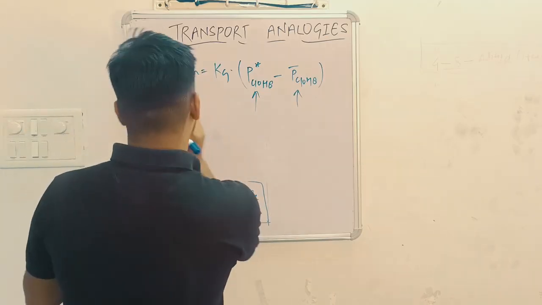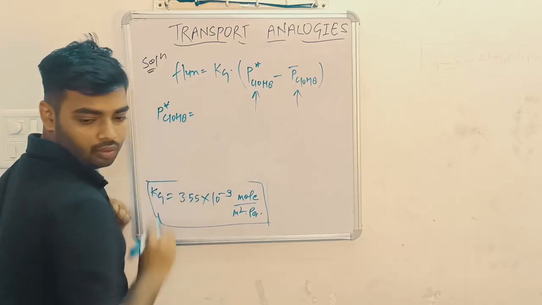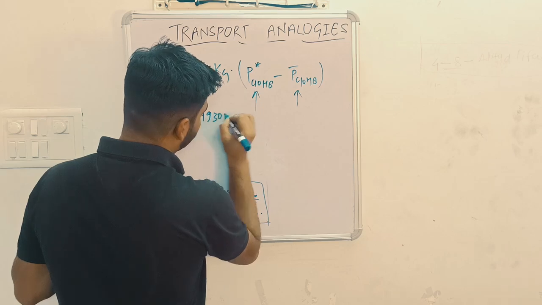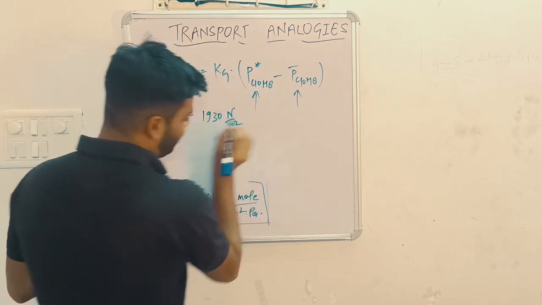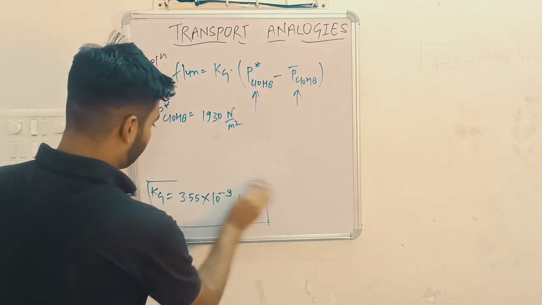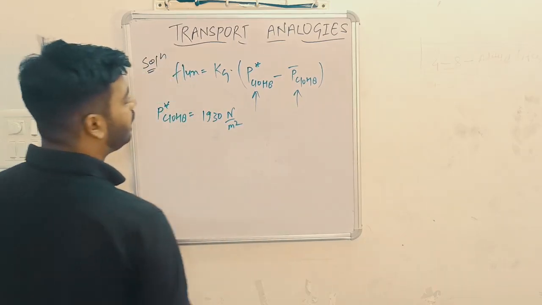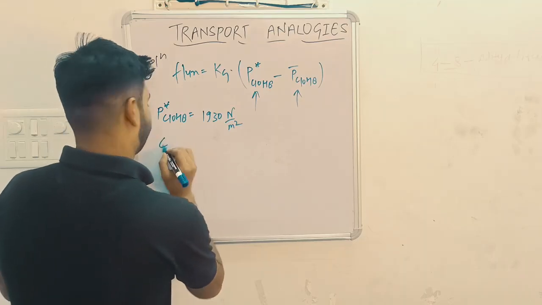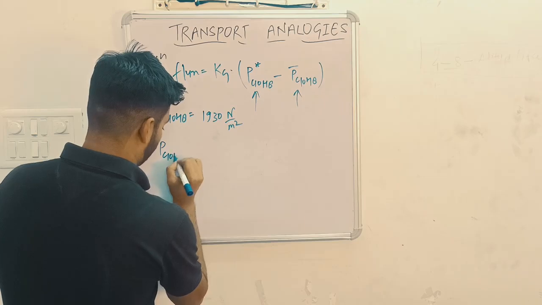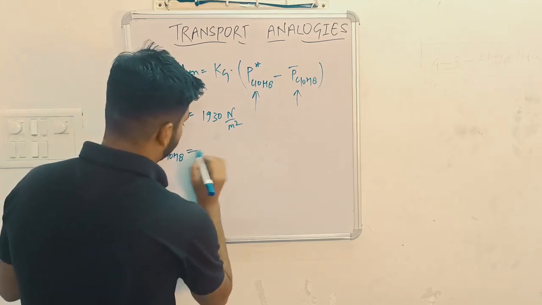So we have given P star C10 H8 equal to, from the given data, 1930 Newton per meter square, and since the CO2 is very dilute, we will consider partial pressure of naphthalene in CO2 as 0.